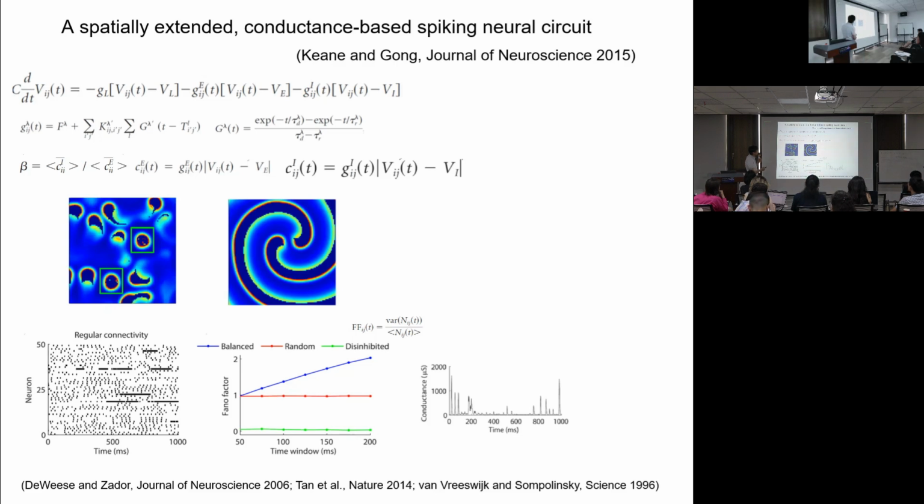For this realistic network, the coupling strength is a function of distance. It means that when neurons are further away from each other, they have less coupling strength. Distance-dependent coupling is found in the real brain. And also we consider this realistic conductance synaptic dynamics as indicated here, because people use this to fit the postsynaptic current.